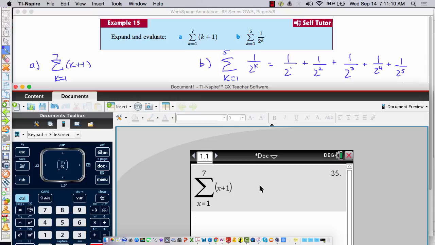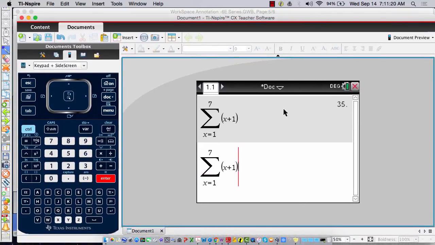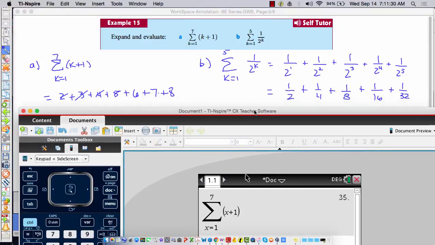We have the 35, and I'll just go up and copy that so I don't have to find it again for the next one, which is k equals 1 to 5 of 1 over 2 to the k. So 1 to 5 of 1 over 2 to the k, right?